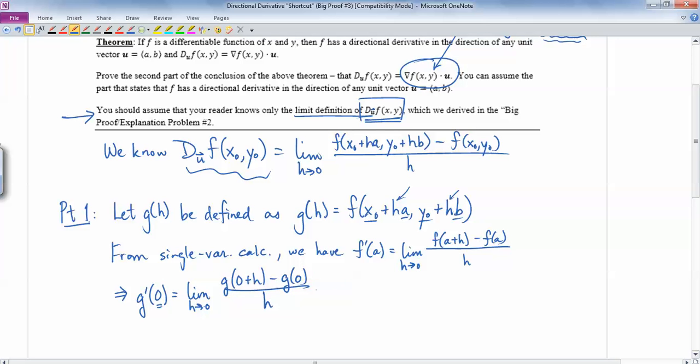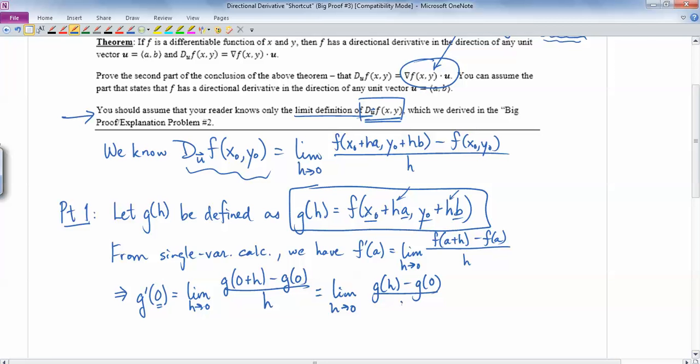Well, let's work that out a little bit further. So g of 0 plus h, here's what g of h is right here. So g of 0 plus h is just g of h, limit as h goes to 0, g of h minus g of 0 all over h. And we know what g of h is. So it's limit as h goes to 0 of f of x naught plus ha, y naught plus hb, minus g of 0.